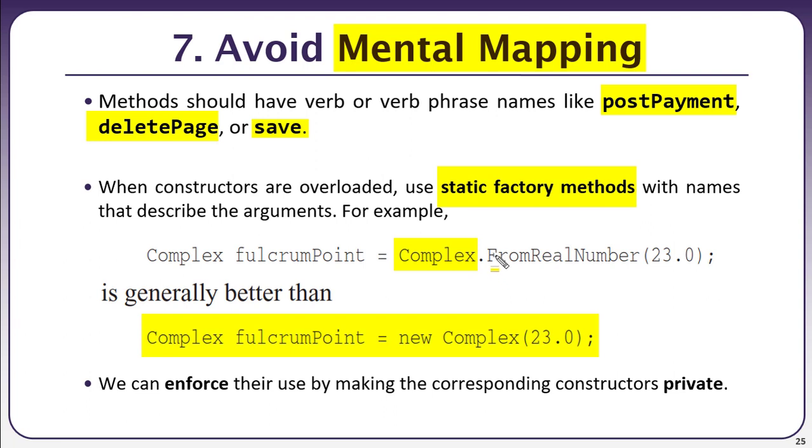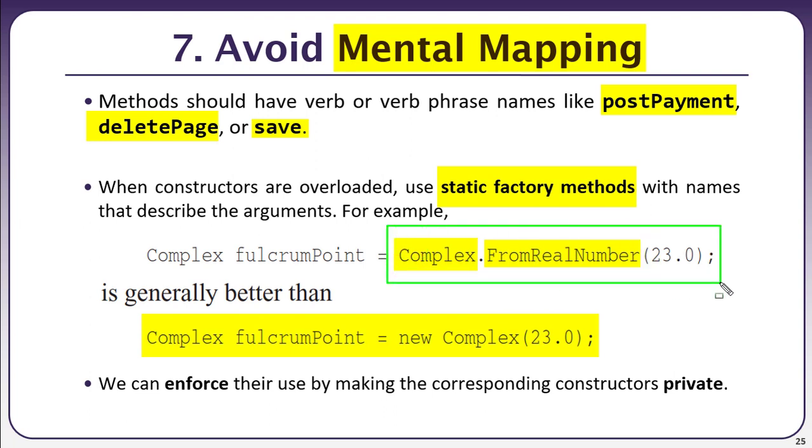So it says from a real number. So ये जो approach है, it really does not tell कि ये जो constructor है ये किस type का object return करेगा. Whereas in the previous case अगर मैं देखूं तो it really tells me exactly कि मुझे real number से एक complex number मिलने जा रहा है.